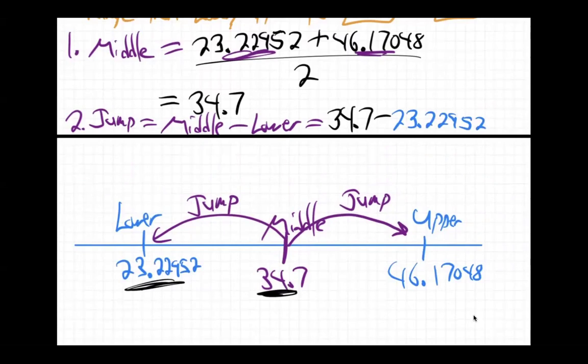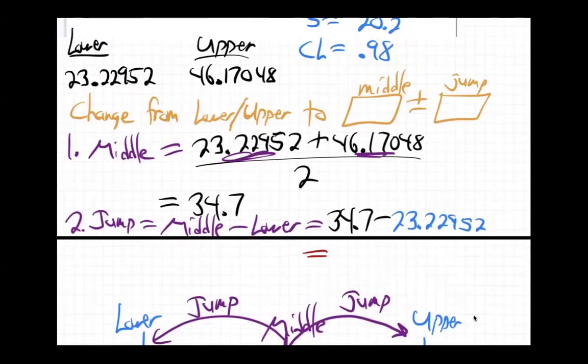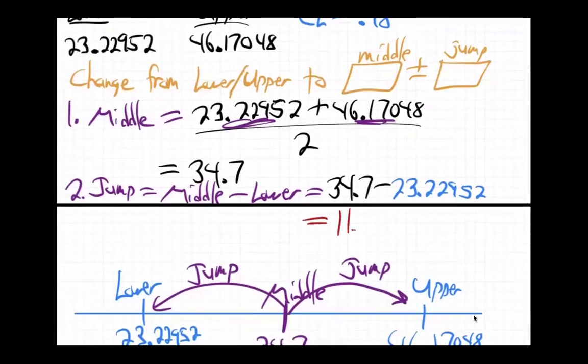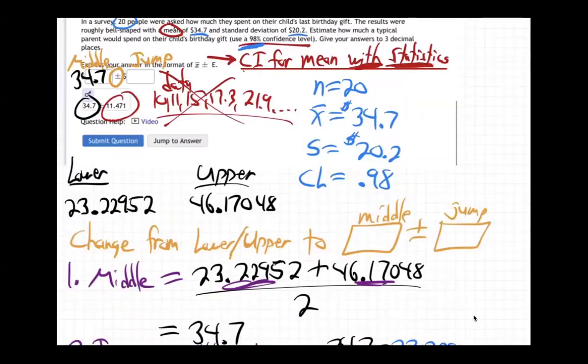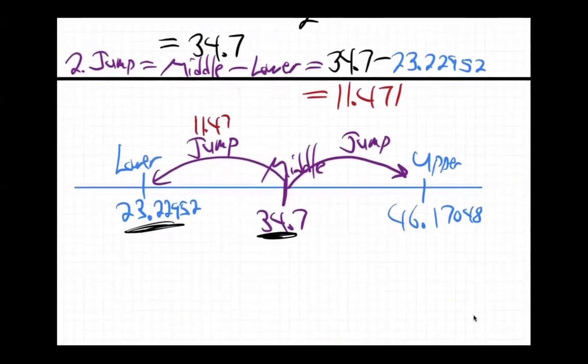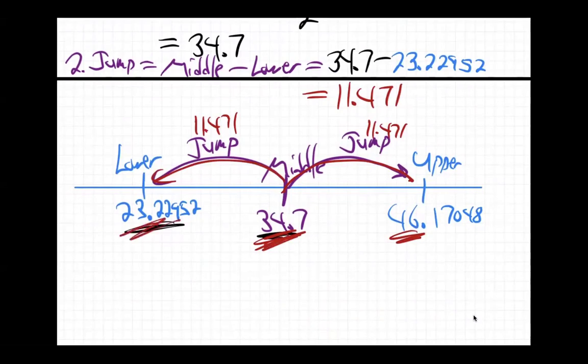And when you do, you'll get the jump amount, which is right here, 11.471. That's the jump. And that answer goes right here. That's the middle number. In other words, the jump is 11.471. From the middle number of 34.7, if you jump up $11, you'll be at 46. If you jump down $11, you'll be down at 23.